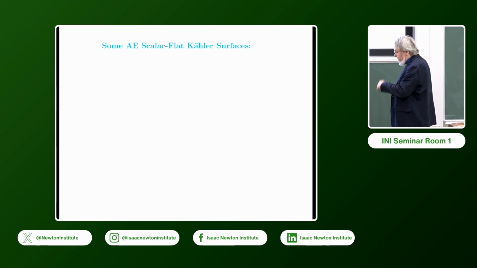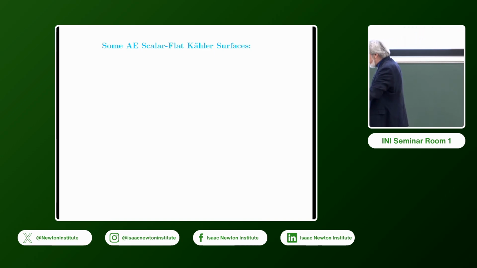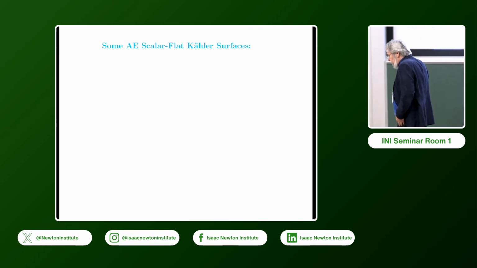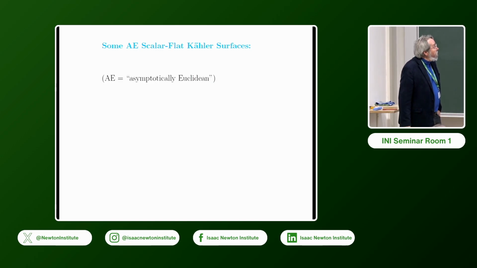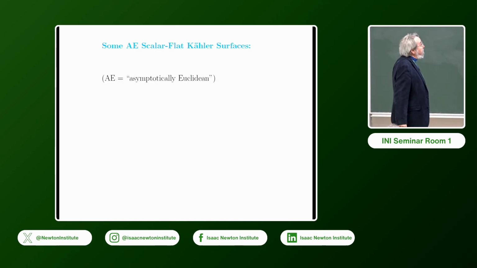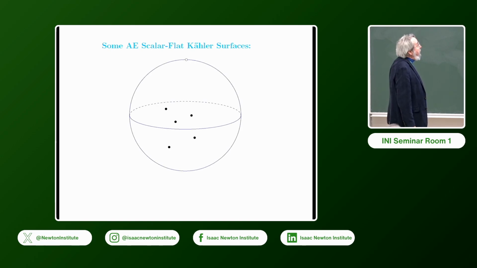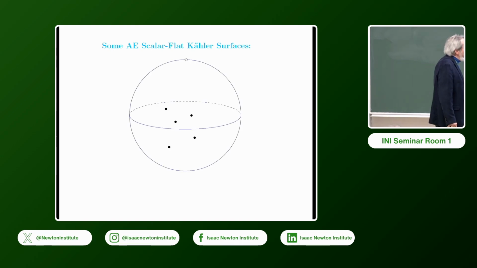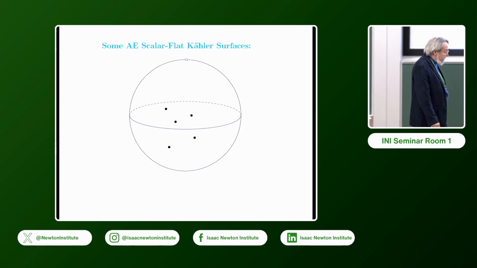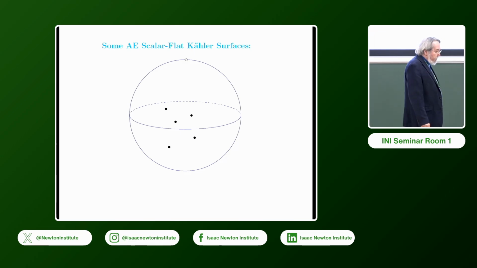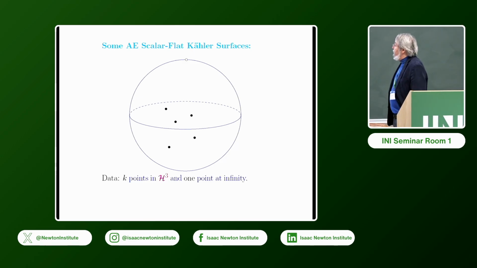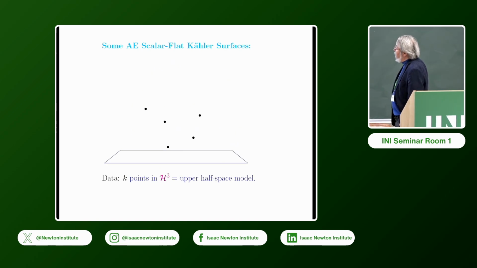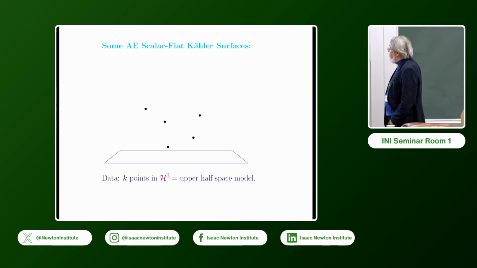All right, so I mentioned that one also gets scalar flat Kähler metrics out of this. For example, out of the same construction, you get a lot of asymptotically Euclidean metrics. So you could choose a particular point at infinity of hyperbolic 3-space, and then it becomes more convenient to think in the upper half space model of H3.